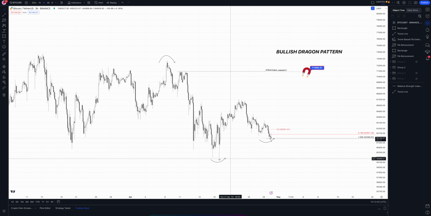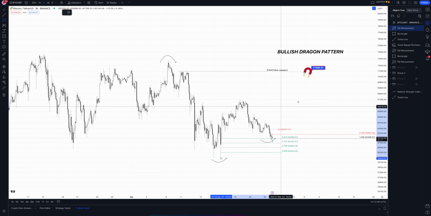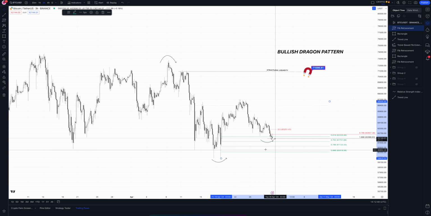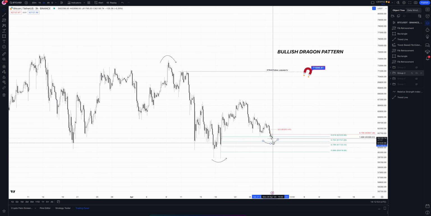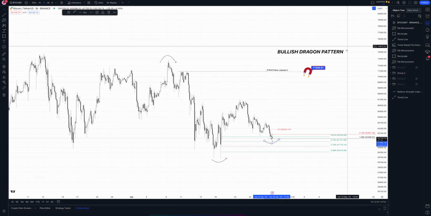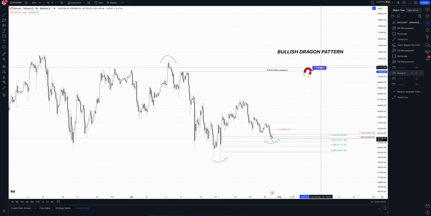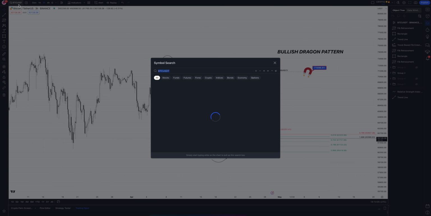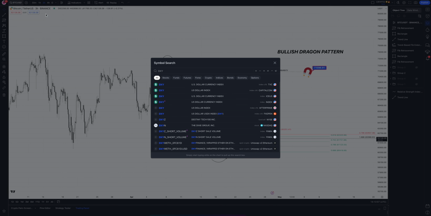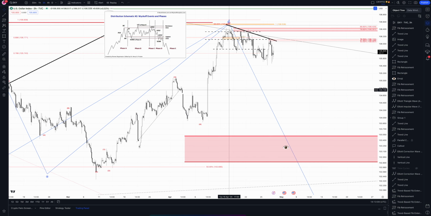Okay, this is your extreme low, and then we see a move down, and then we see a retracement down to extremes for the right leg of your dragon. Okay, and then we're going to target structural liquidity, anything above 71K.